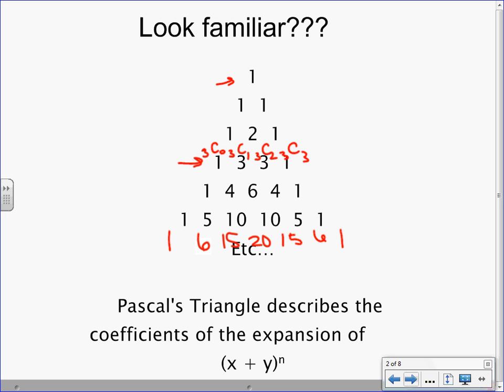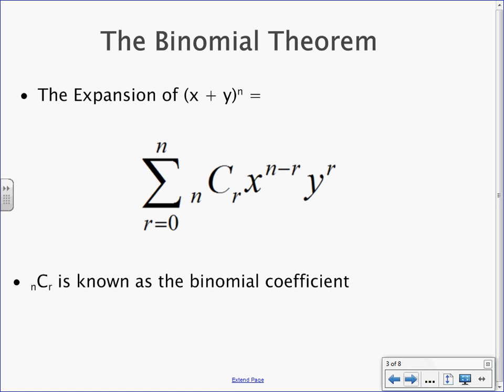Combination 3 choose 3. Okay, ringing a bell? So instead of remembering every single row of Pascal's triangle, this is how we get the expansion of a binomial to a power. Write it down.